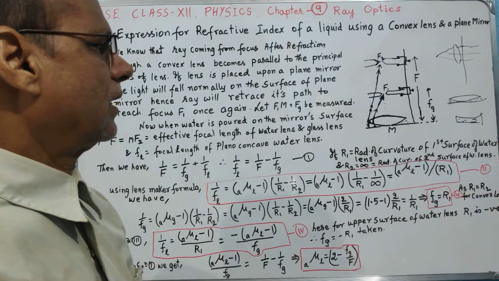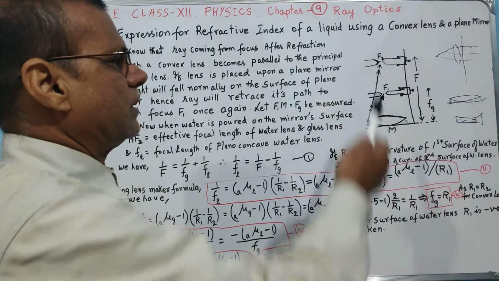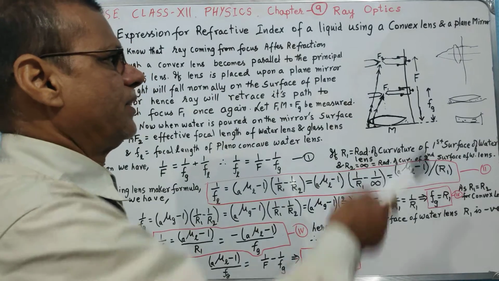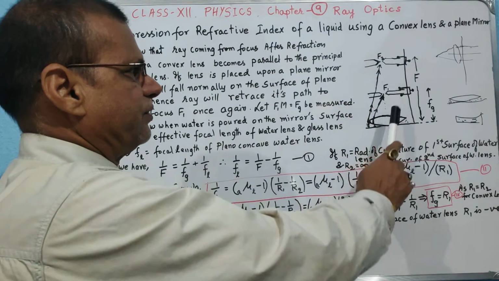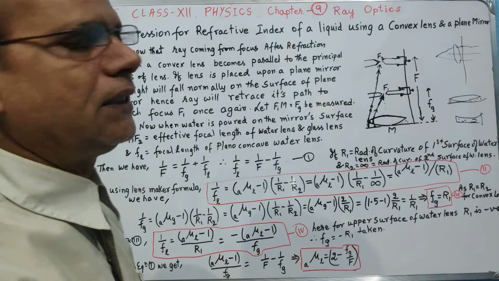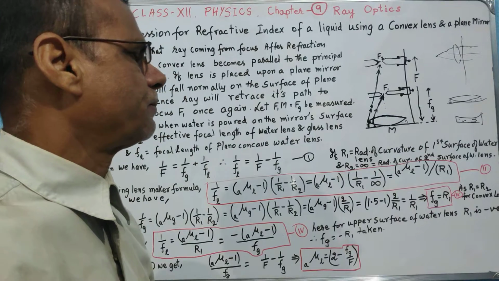Again we shift the pin to some different height and shift it such that the image of the pin is formed at the same place where the pin is placed, and this is ascertained by removing the parallax.